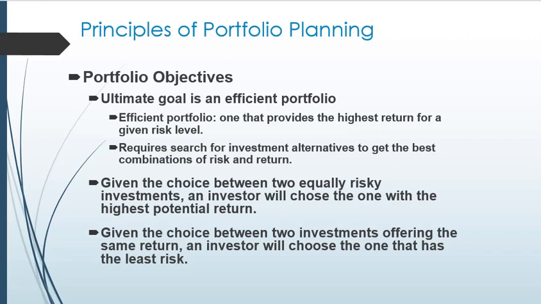If everything else is similar, you choose the one with the highest return. And likewise, if you have two assets with very similar or identical returns, you want to choose the investment that has the least amount of risk. This allows us to create a set of opportunities that we define as efficient portfolios.